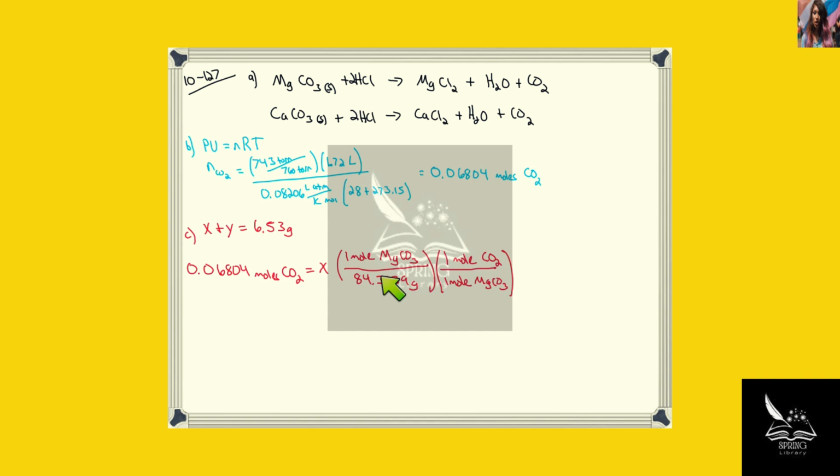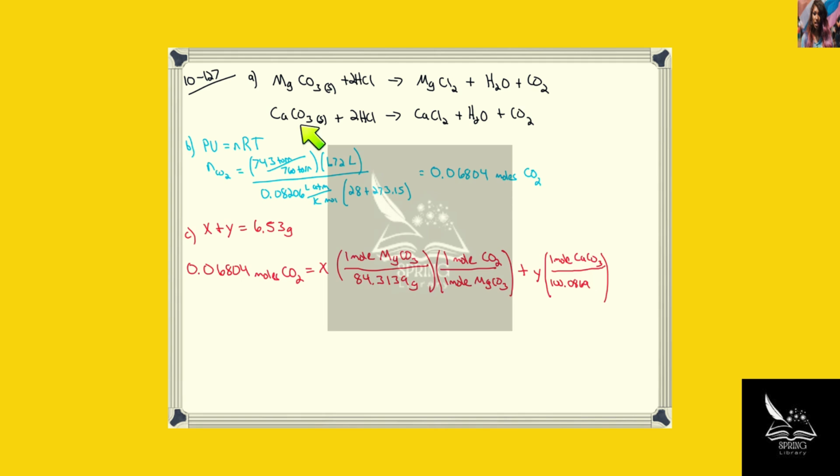But magnesium carbonate is not the only species producing carbon dioxide, so we need to add on the moles of carbon dioxide that would be created by the mass of calcium carbonate, which we have defined to be Y. To get the moles of calcium carbonate, we would take its mass and divide by the molar mass of calcium carbonate. This would then be the moles of calcium carbonate that we have to produce carbon dioxide.